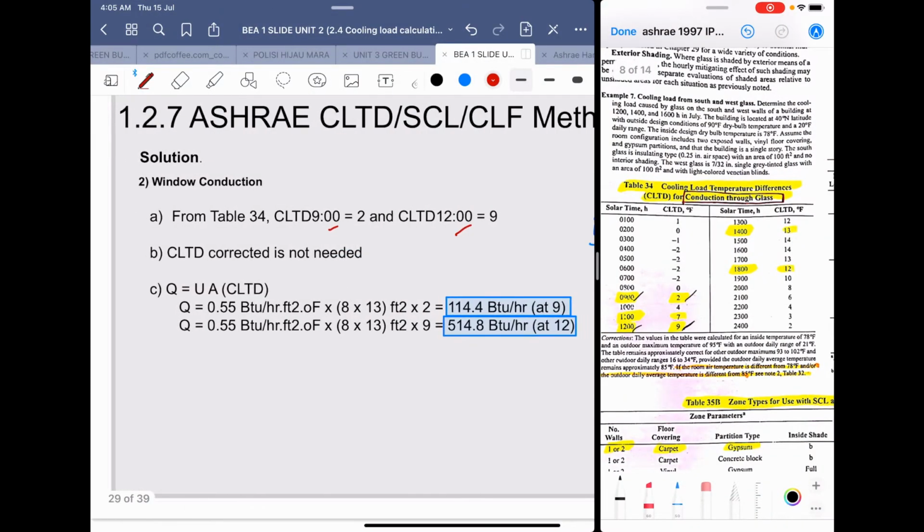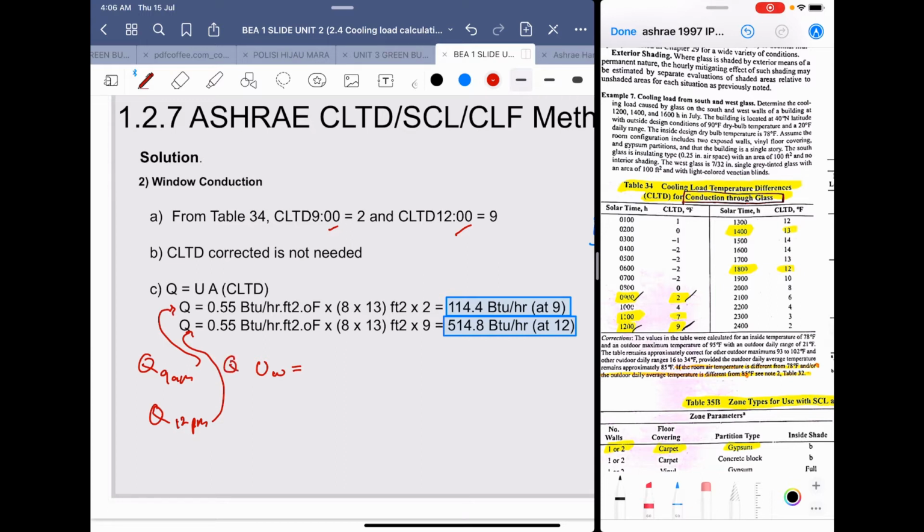So we just calculate the cooling load through the windows. Same goes for this situation, that we have to get the Q at 9 a.m., which is this one, and the cooling load at 12 p.m., which is this one. But for this one we have to consider the U value of the wall.